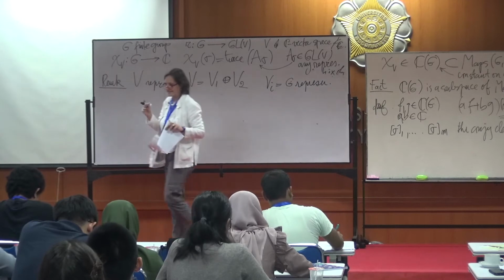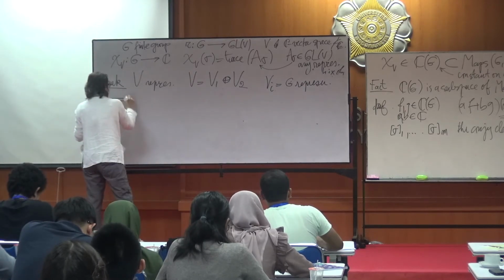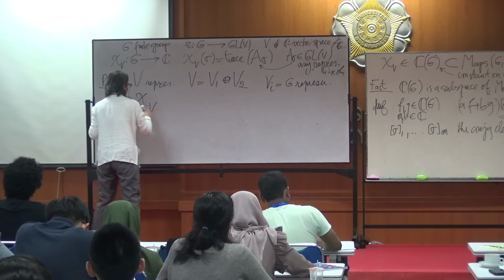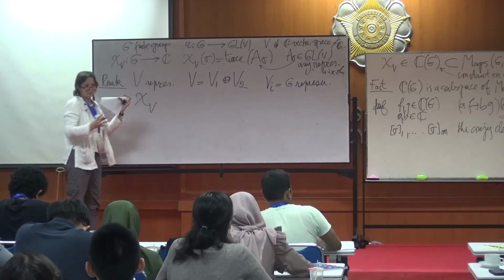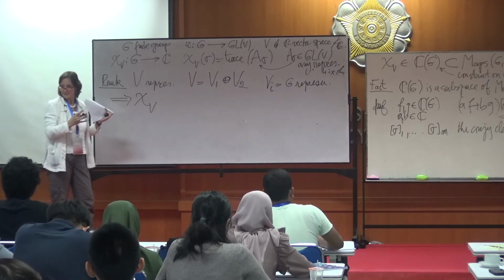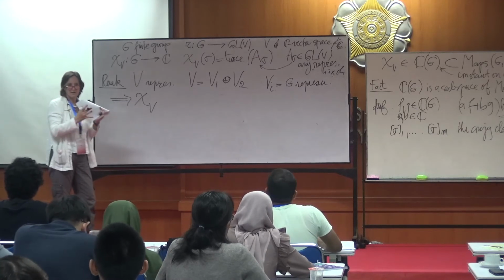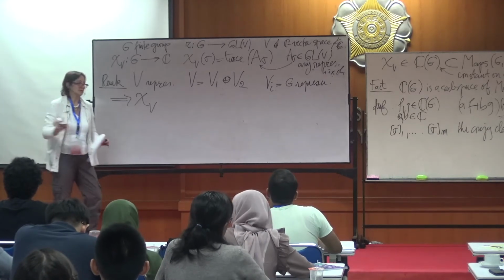Then we can say that the character of V is equal to the sum of the characters chi of V1 and chi of V2, right?